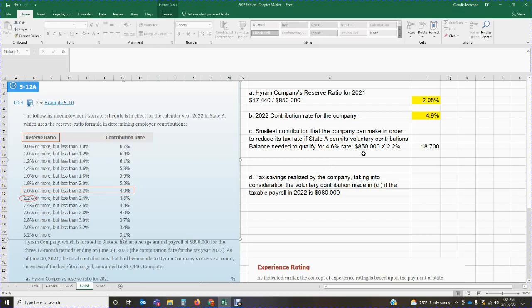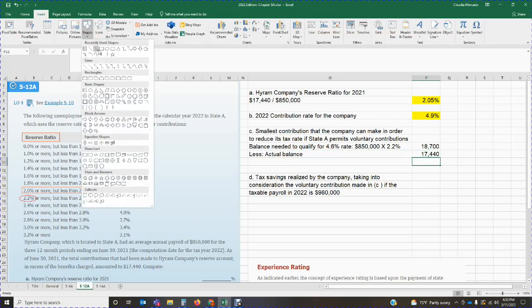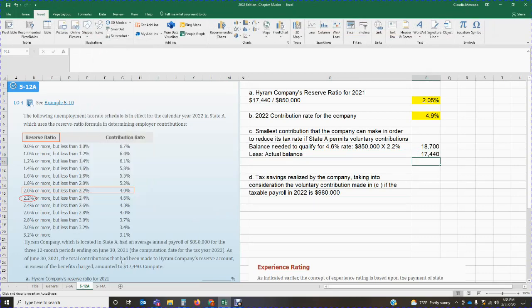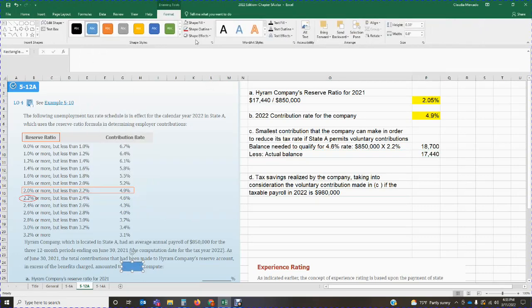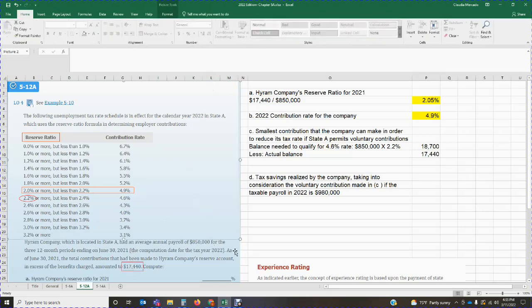Okay. Now, I'm going to subtract the actual balance. How much money do we have in our reserve account? We have $17,440. According to the problem, that is how much money we have in the reserve account right here. So I'm going to subtract that.